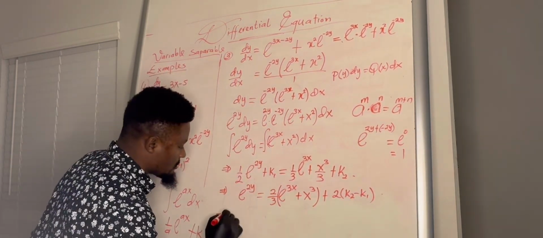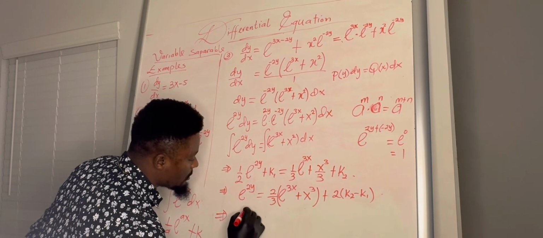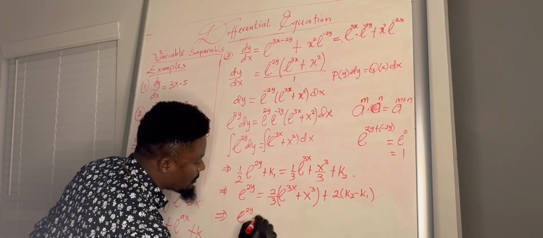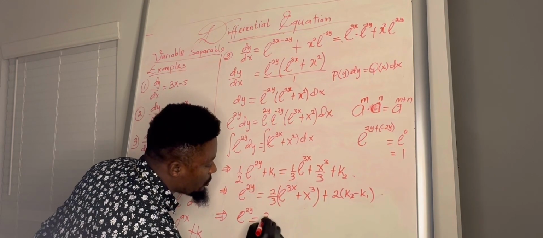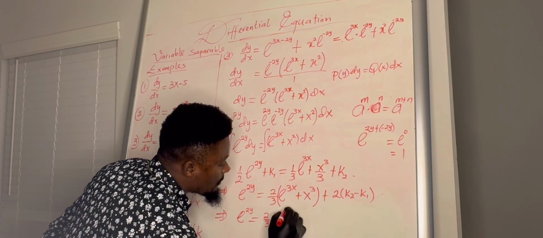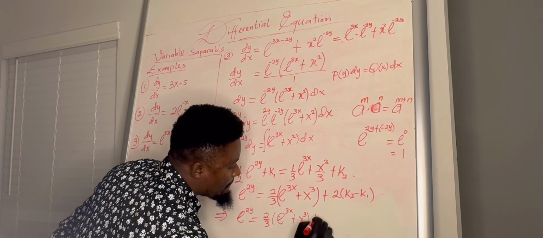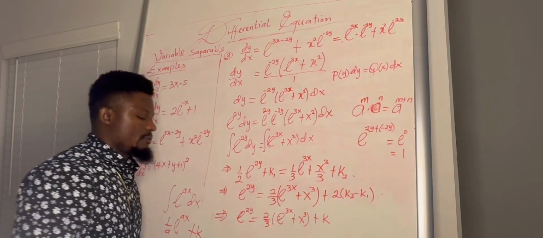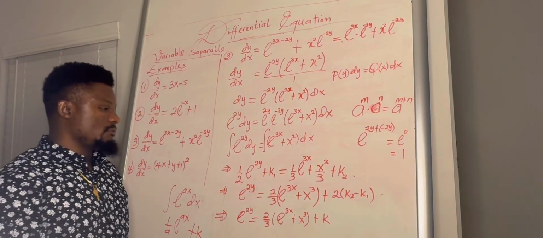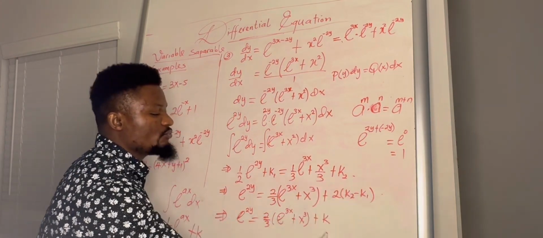of course. This gives you expo 2 over 3, all right, so I combine k2 minus k1 times 2 to give me a constant.